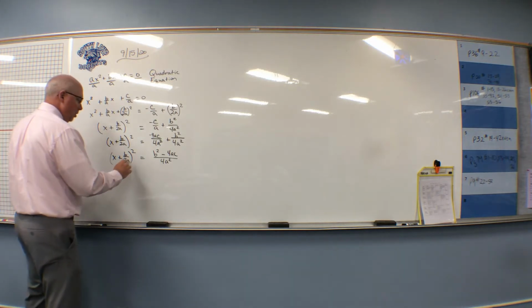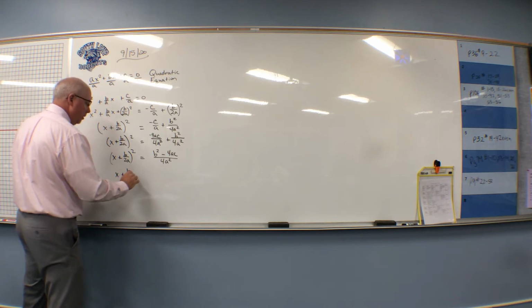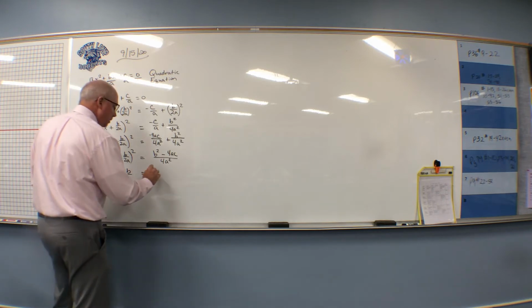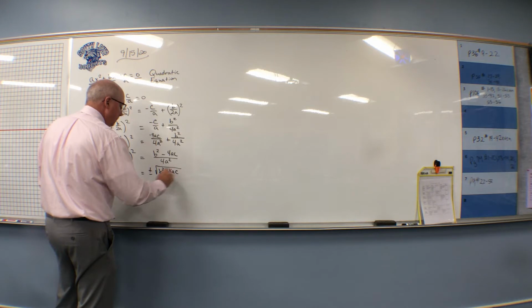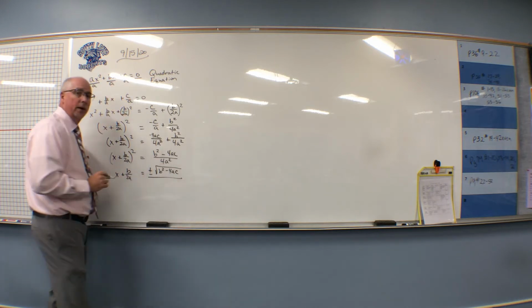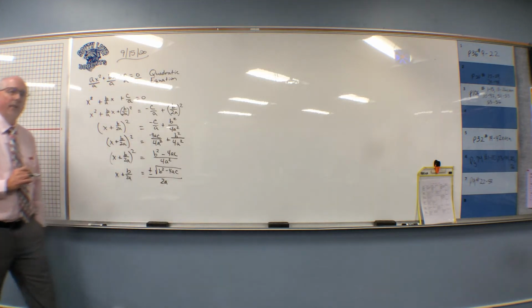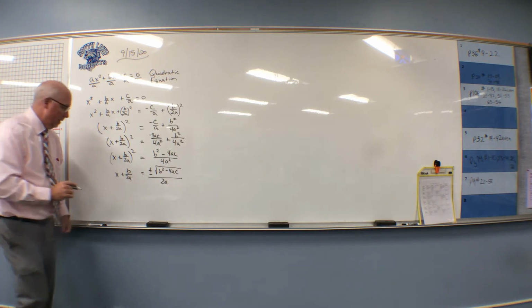So now I'm going to take the square root of both sides. Now remember, the square root property says that when you take the square root of both sides, you have plus or minus, correct? So if I take the square root of the top, that's the square root of b squared minus 4ac. And on the bottom, I get the square root of 4a squared, which is 2a. And now I'm going to subtract this fraction from that side.